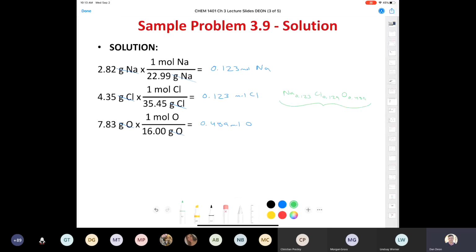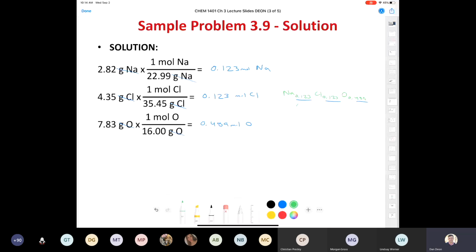So what we're going to do is divide each one of these by 0.123. If I take each one of these and I divide it by 0.123, in that case, I'm going to end up with, and I'll write it down here in black ink, 1 sodium, 1 chlorine.